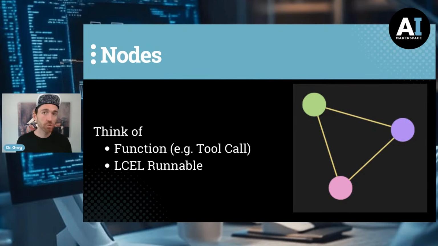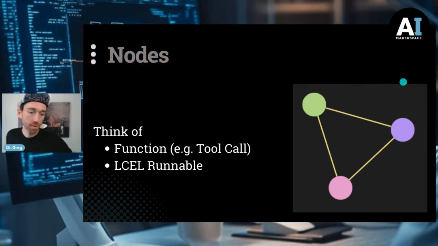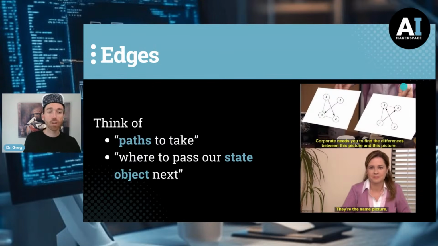And so the nodes are going to be very interesting and where we start to be able to differentiate agents from tools. The edges are paths we might want to take through, where we're passing our state object to next, allowing us to track how our state is moving in time.